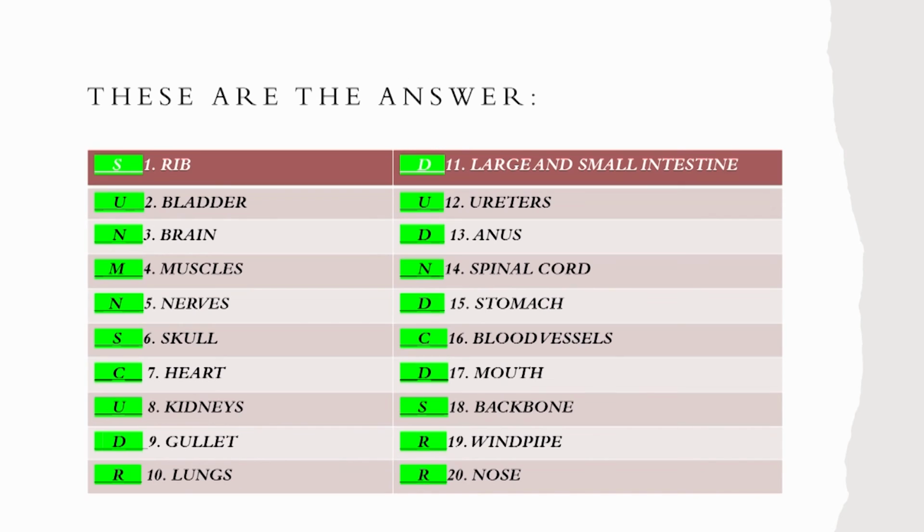In the last activity, the answers are: bladder, U; brain, N; muscle, M; nervous, N; skull, S; heart, C; kidneys, U; uterine, D; lungs, R; large and small intestine, D; ureters, U; anus, D; spinal cord, N; stomach, D; blood, C; mouth, D; breastbone, S; windpipe, R; nose, R. So you did a good job, right?